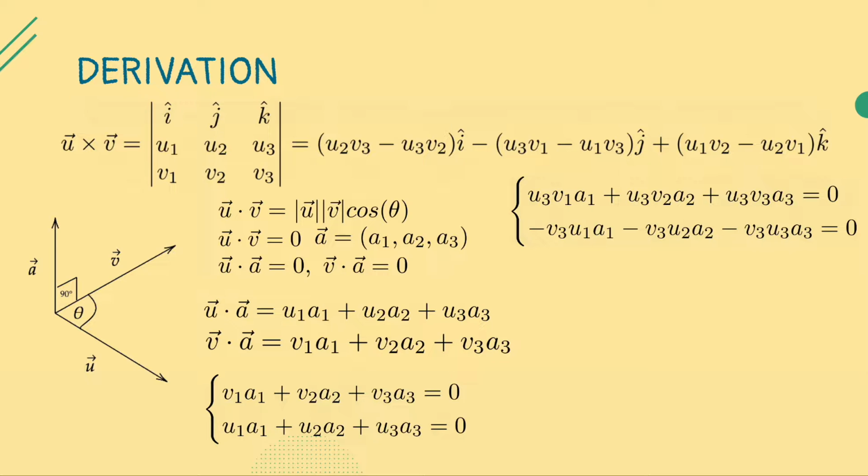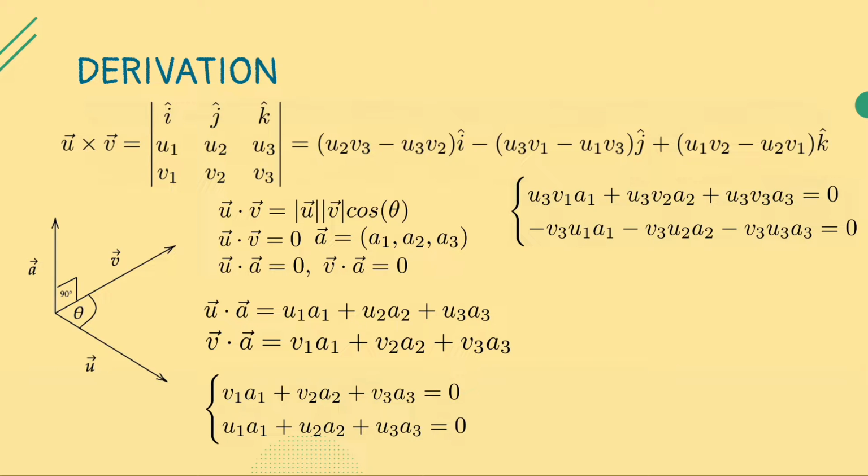Alrighty, and I can begin by multiplying the first equation by u3. If I multiply each part of that first equation by u3, and then each part of the second equation by negative v3, then you'll notice that I can cancel the last two terms. The last term in the first equation is u3v3a3, and the last term in the second equation is v3u3a3.